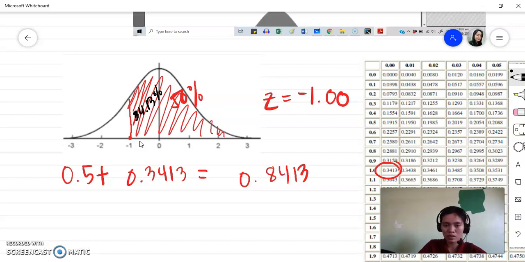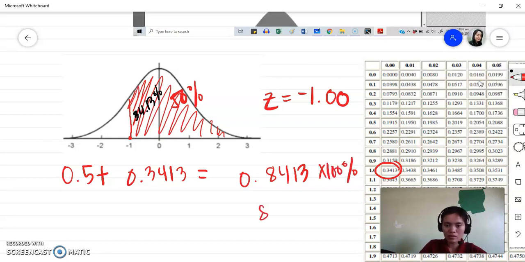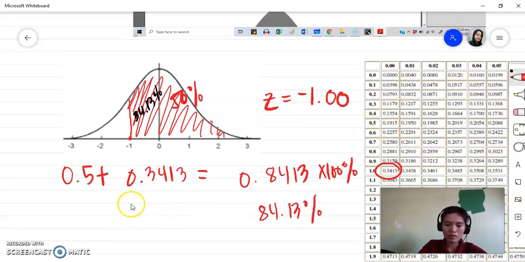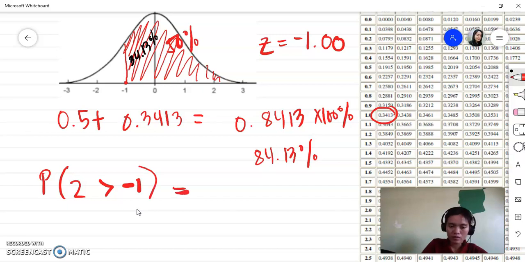Then 0 to the right is 50%. So the total is 0.8413. If we multiply by 100%, that becomes 84.13%. Okay, so let us summarize. For the probability notation, write it as the probability that z is greater than negative 1 equals 0.8413 or 84.13%.